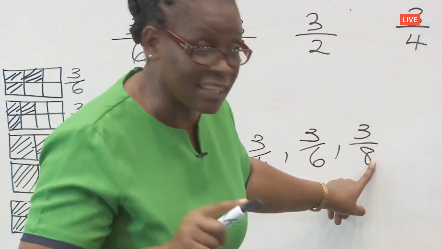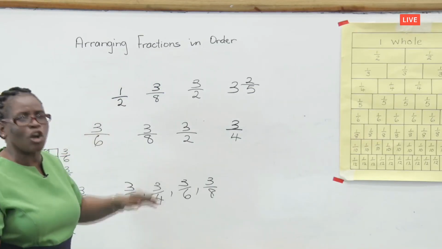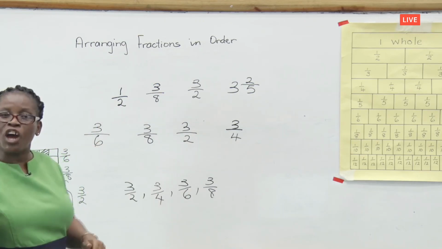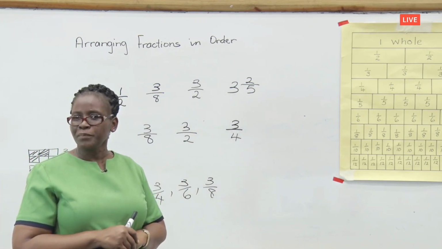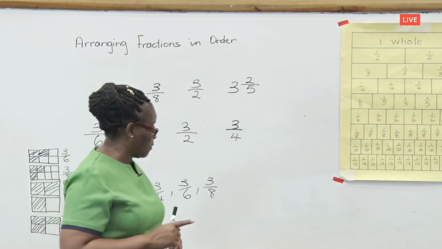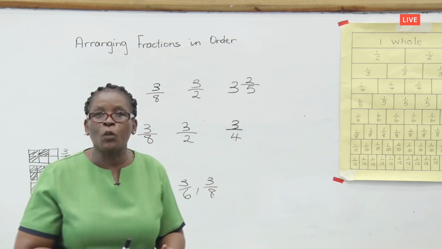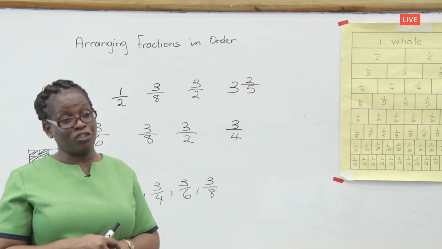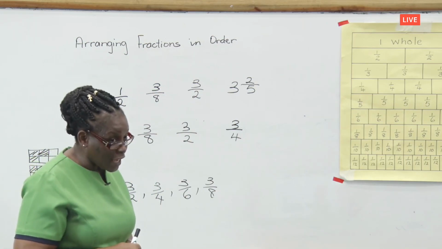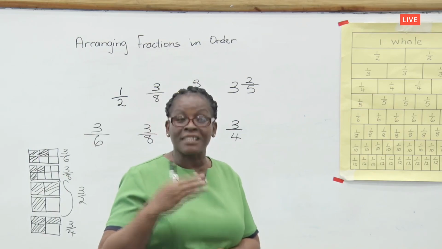Which is the biggest denominator we have here? 8. Is that the smallest fraction? Yes. So what can you tell me when our numerators are the same in fraction when we arrange them? Yes. When the numerators are the same, the smallest denominator will always be the biggest fraction.